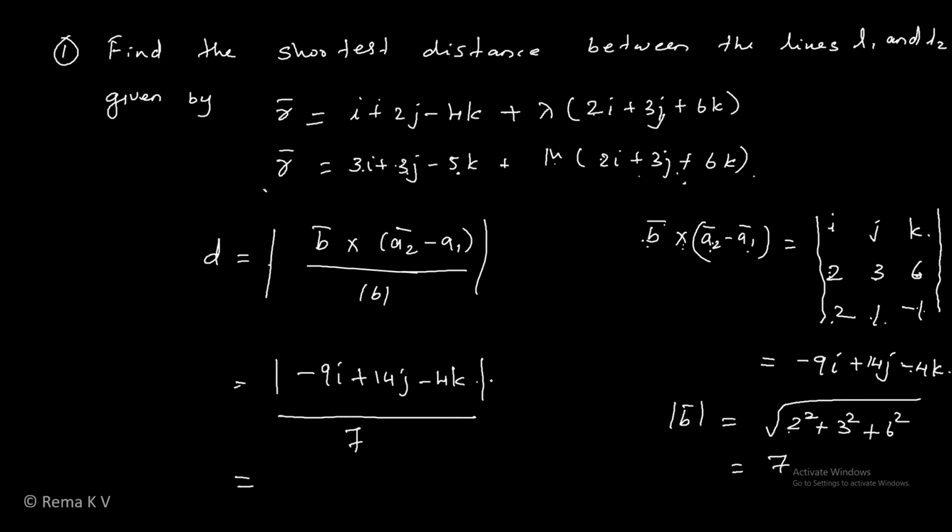It is root of 293. Root of 293 divided by 7. This is the shortest distance between these two parallel lines. Okay, is it clear?